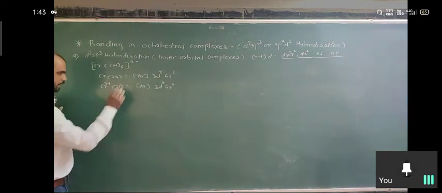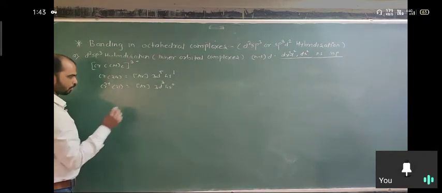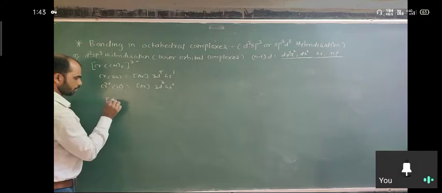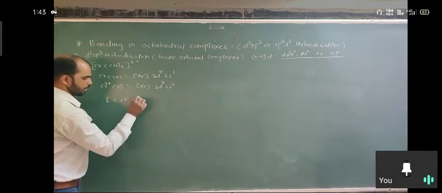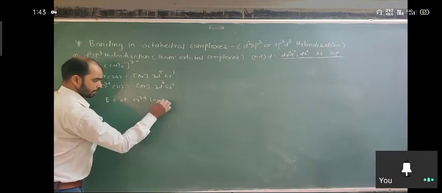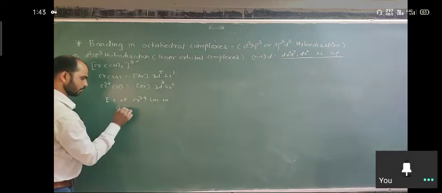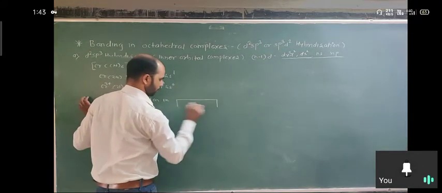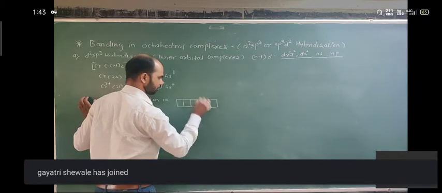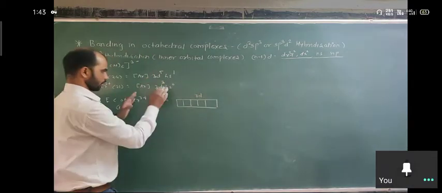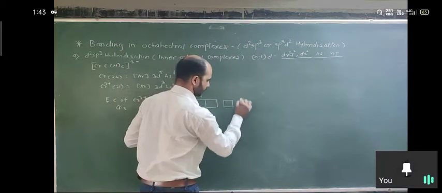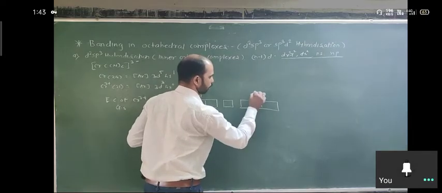So we can represent the electronic configuration in the form of orbitals. The electronic configuration of the Cr3+ ion in the ground state. Here we first draw the five 3d orbitals, then 4s, then 4p.